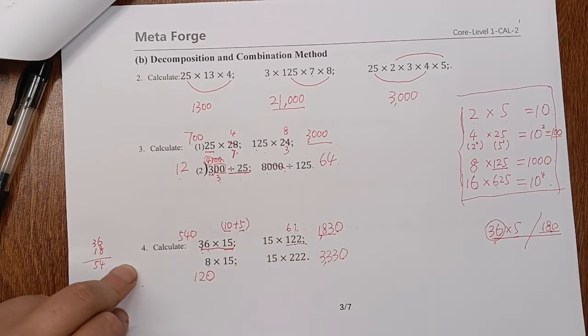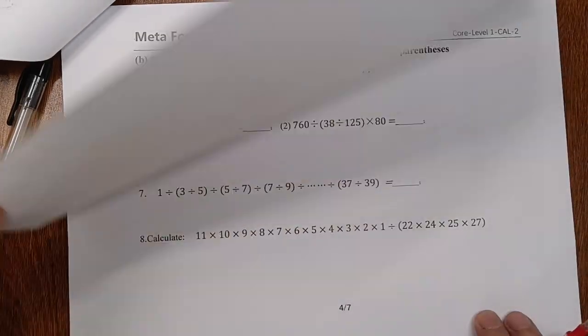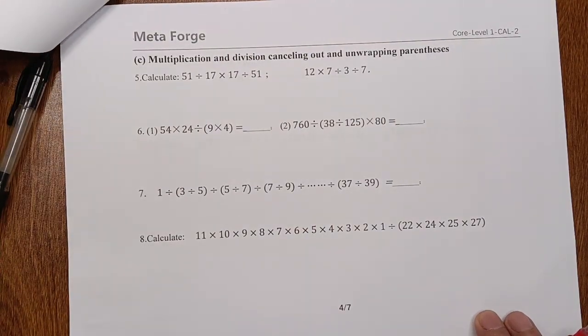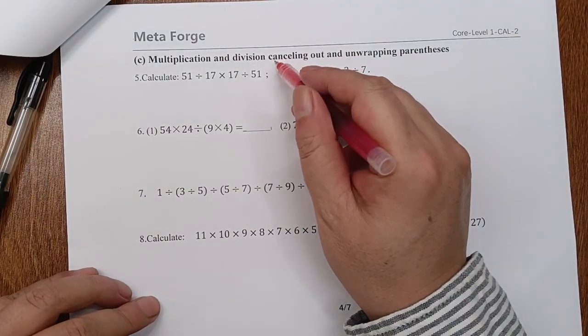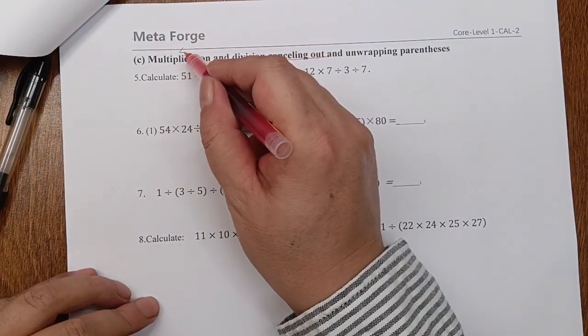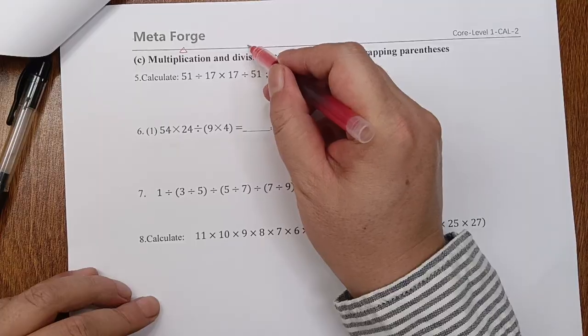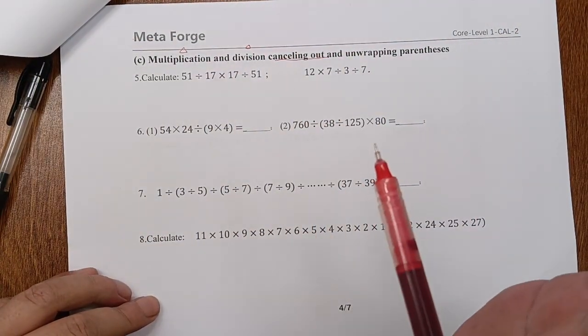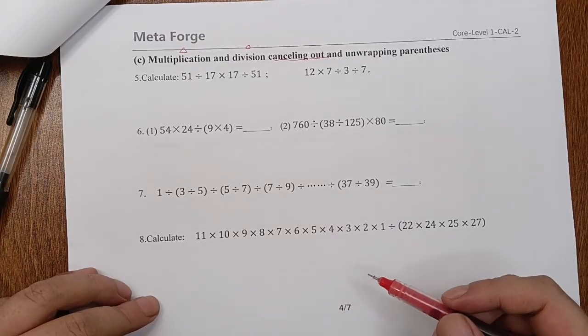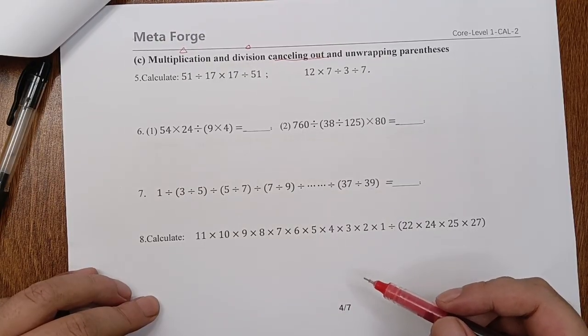Next, our issue 3. Canceling out. Multiplication and division are two opposite operations, just like addition and subtraction.